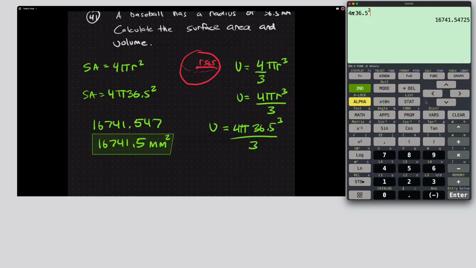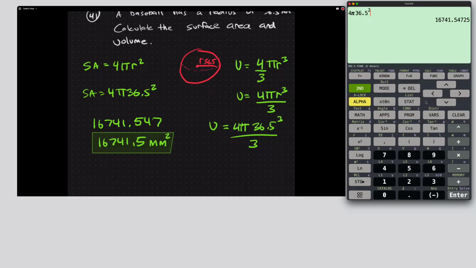Okay, now depending on the calculator you have, it could be a good idea just to put a bracket around there so it calculates the top of this ratio first and then divides by 3. Okay, so on the calculator, if I start with a bracket, I'm going to go 4 and pi 36.5.